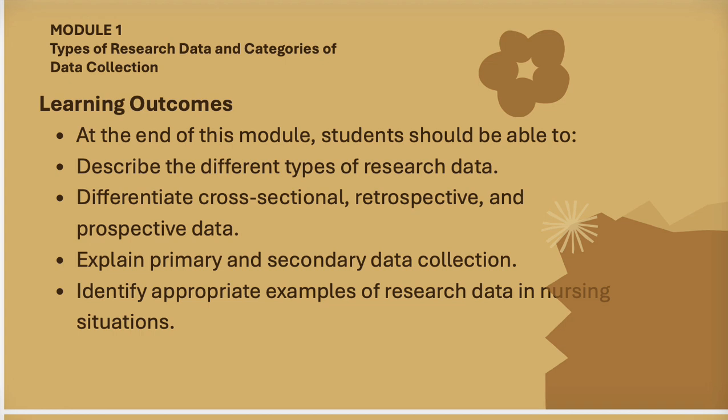Okay? Then we have the prospective data. What is prospective data? Right, we have learned three: cross-sectional, retrospective, and prospective data. Now, here we are at prospective data. Prospective data means looking forward. So, prospective data are collected from events that occur after the research design has been completed.